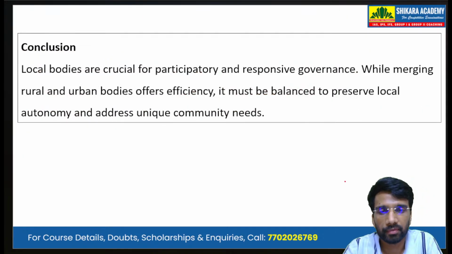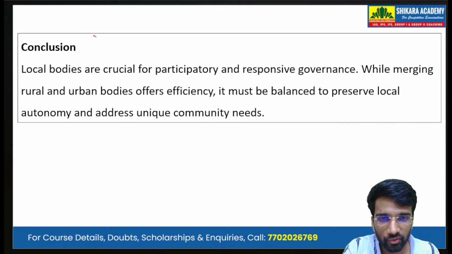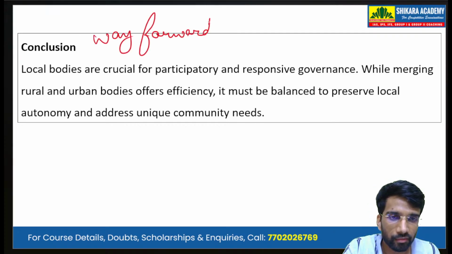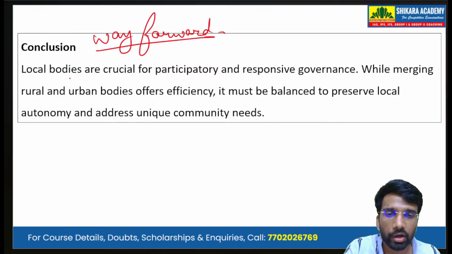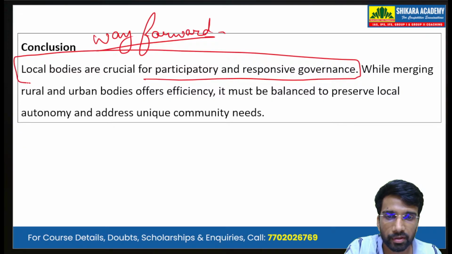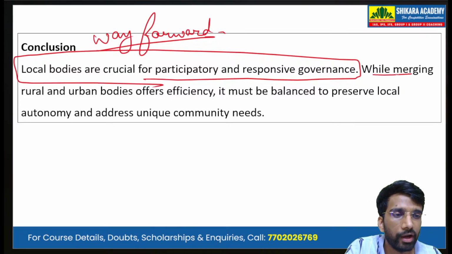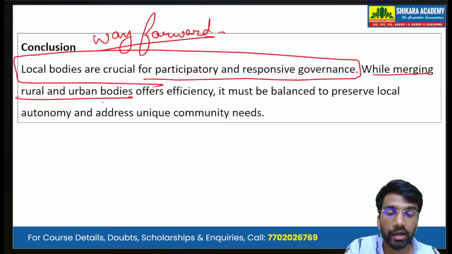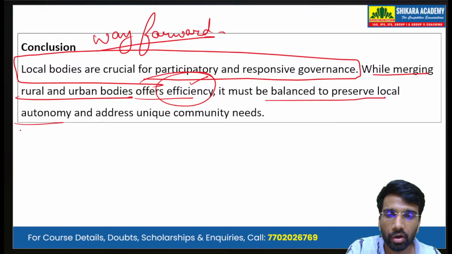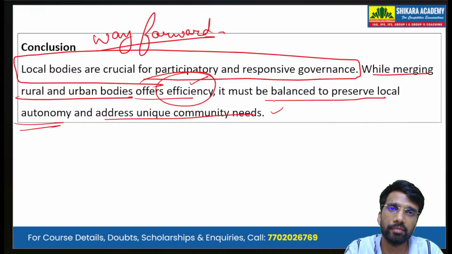In conclusion, we summarize, we give a way forward. We summarize by writing that local bodies are crucial for participatory and responsive governance. This is our conclusion. While merging rural and urban local bodies offers efficiency, it must be balanced to preserve local autonomy and address unique community needs.